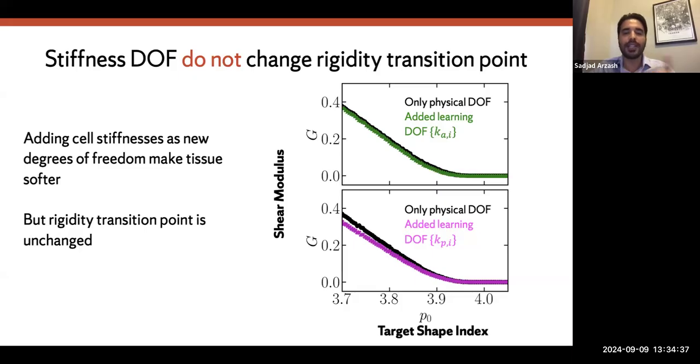So in the second part of my talk, I come to a second process where these two cost functions are actually different. Then I talk about how I'm tuning these new variables to go down a different cost function than the energy. It is true, even for minimizing this elastic energy, that it's still more stable to minimize the physical degrees of freedom first and then add the new degrees of freedom.